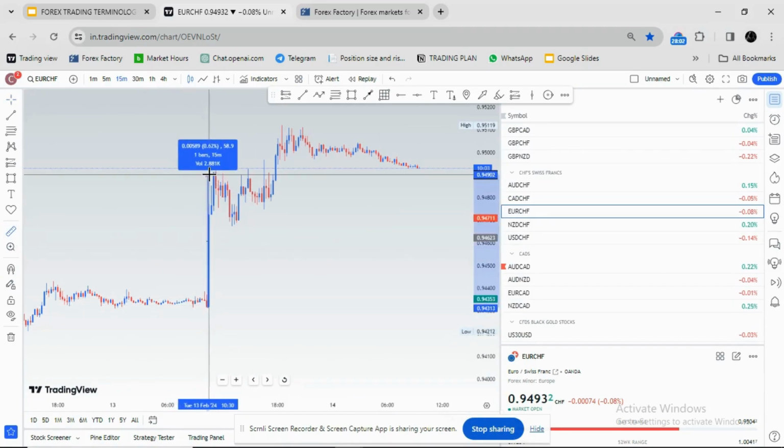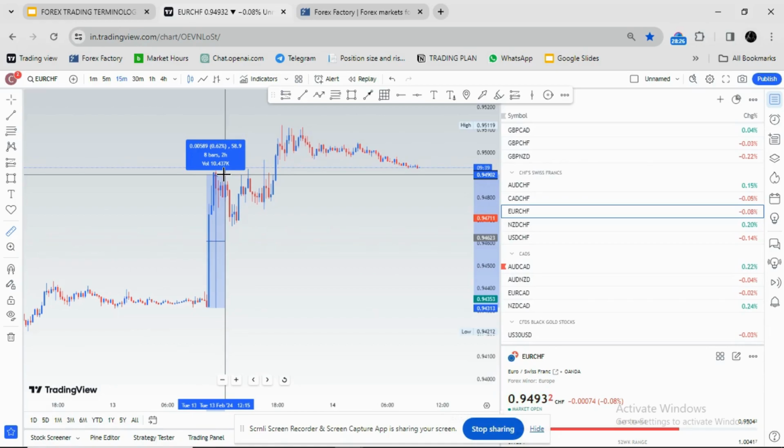I bet there was news here, but this is not that volatile. It looks like a big impulsive buy move for 2 hours, but it's only 58 pips. I hope you can see the difference. The time is the same, but the price movement is not the same.